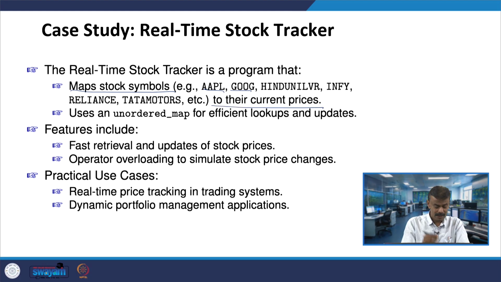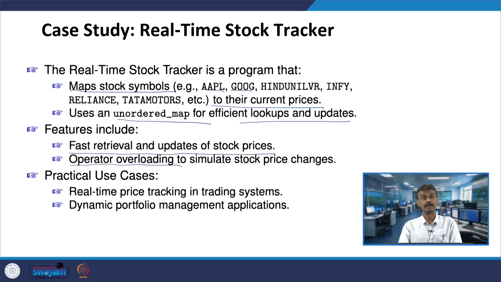Now let us use an unordered map. A few lectures back we had talked about the unordered map. We use this for efficient lookups and updates, of the current prices and the updates. Next, the features include fast retrieval and updates of stock prices. Also, like the previous case study, we use operator overloading to simulate stock price changes.